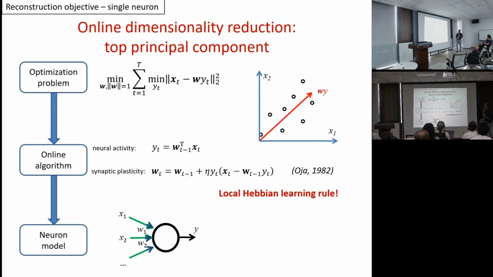So it's very important to mention that this kind of learning rule is local. That means that a synapse has access to all the numbers that it needs for the update.